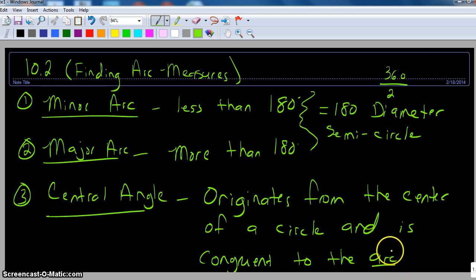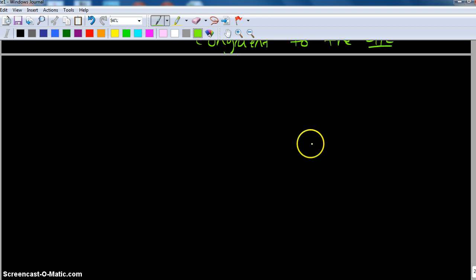Now I haven't gone over arc. It's a piece of a circle, pretty much.